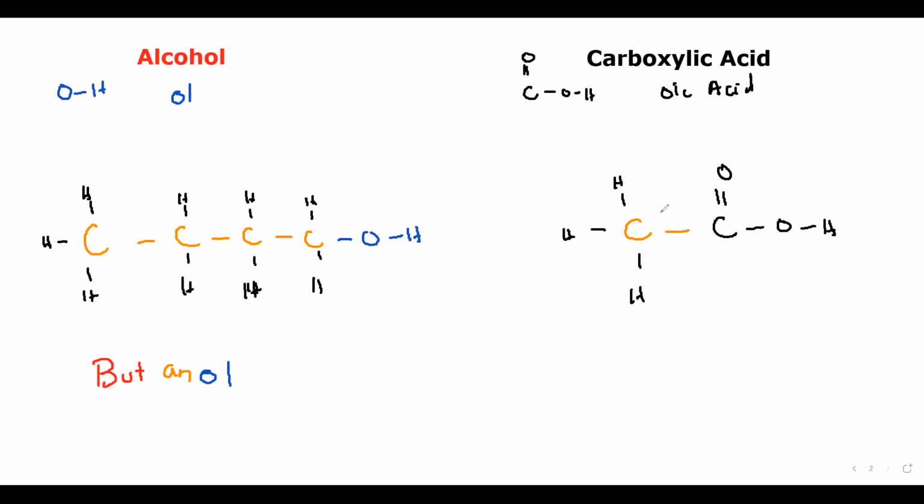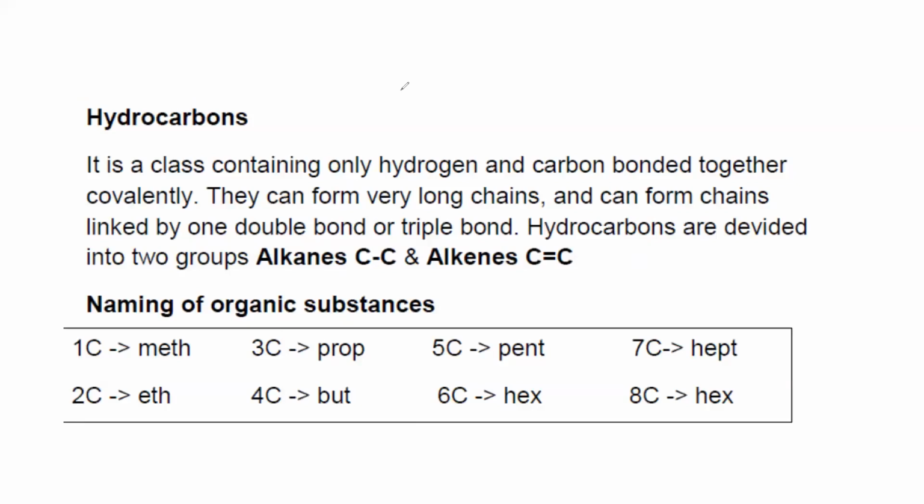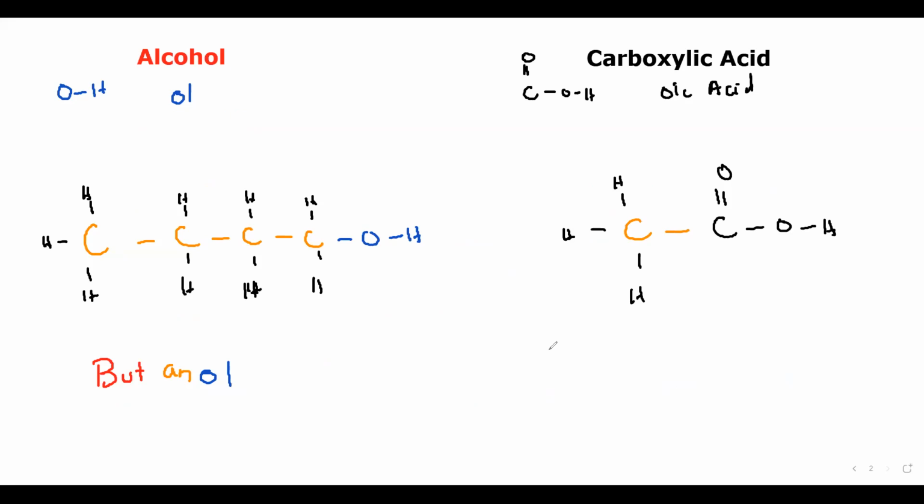If we want to name this, we have to count first the number of carbons. There are two carbon atoms. When you check for two carbon atoms, what term do we use? Here in this table, for two carbon atoms, we use eth. So we should use eth as there are two carbon atoms.